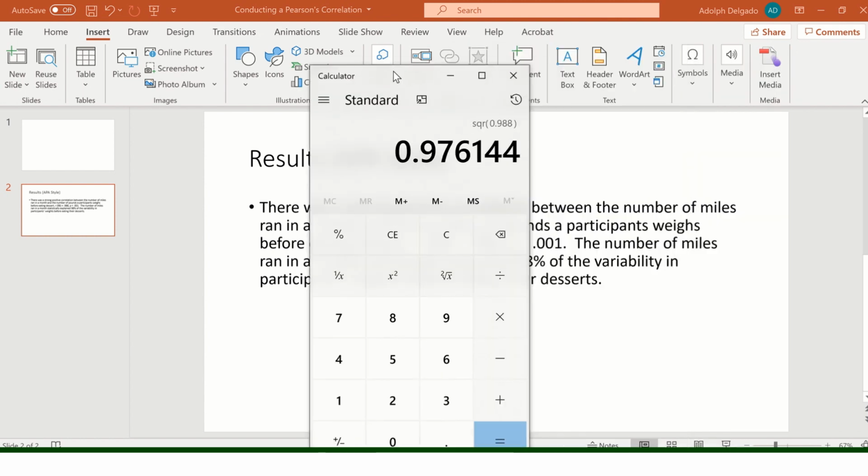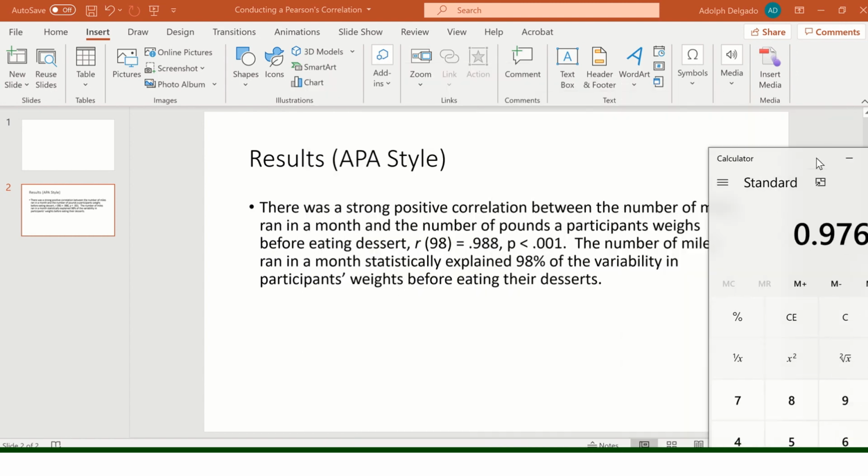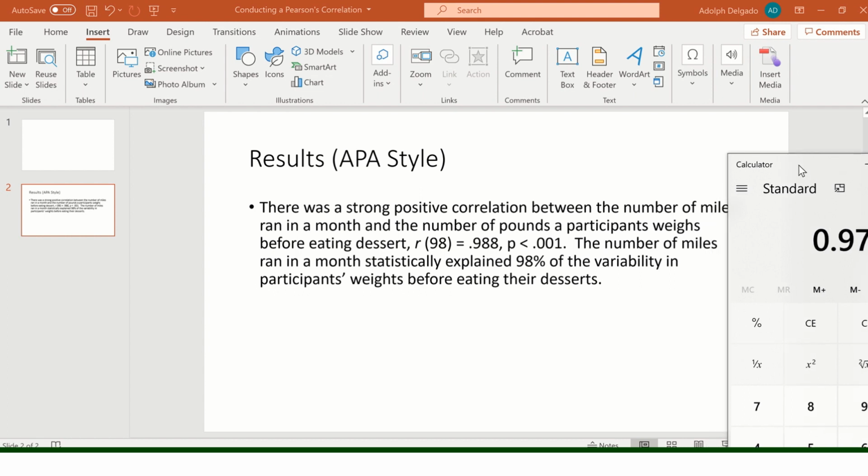As you can see, I conducted that calculation by squaring it, which brings us to 0.976. I rounded up to 98. So we can interpret this by saying that 98% of participants' weights before eating dessert can be attributed to the number of miles that they ran in a month.